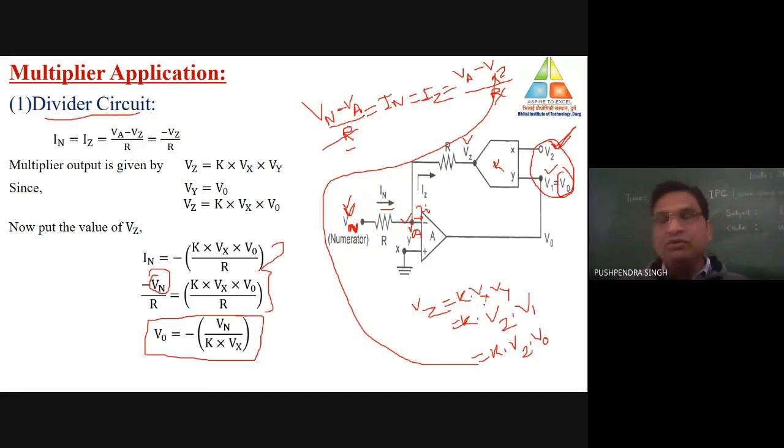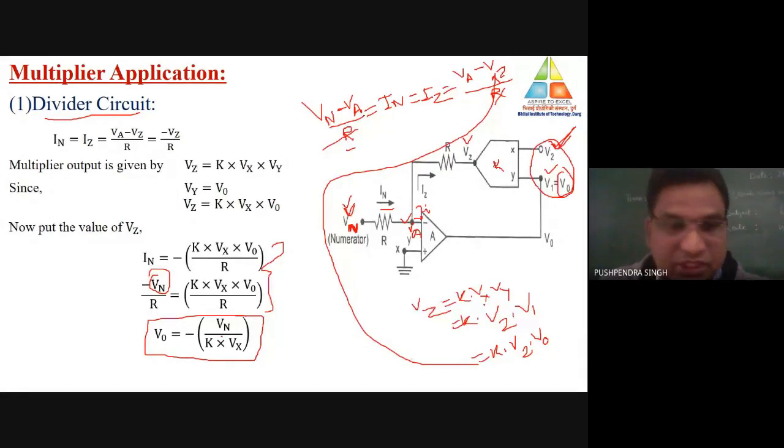You don't want a relationship between Vz and input. You need a relationship between input and output, or the ratio of the two inputs. So Vz is not your input, it is an intermediate parameter. Whenever you are simplifying anything, you need to eliminate the intermediate parameter.